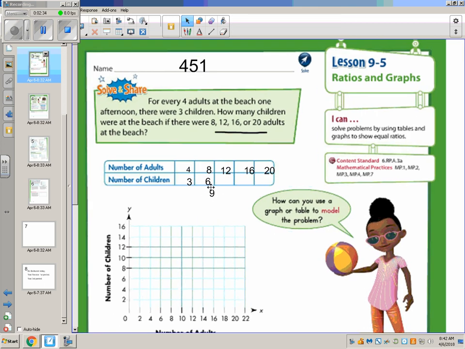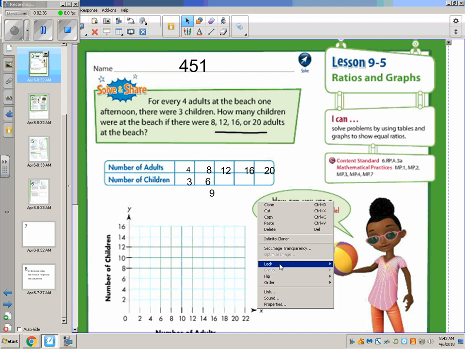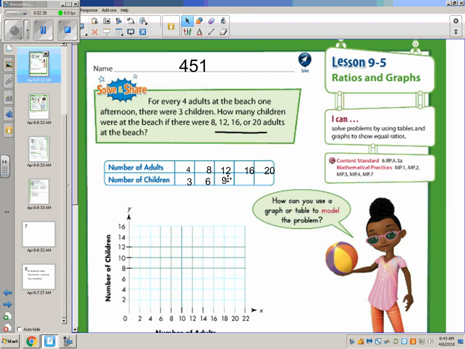Oops, I don't want to move my whole page there. I always forget to lock these. There we go. 3 times 2 was 6, 3 times 3 was 9, 3 times 4 would be 12, and 3 times 5 would be 15. So once we have our table filled in, these are going to become our coordinate pairs.